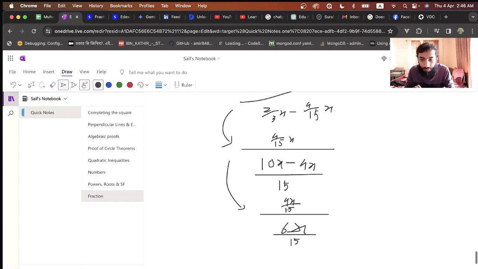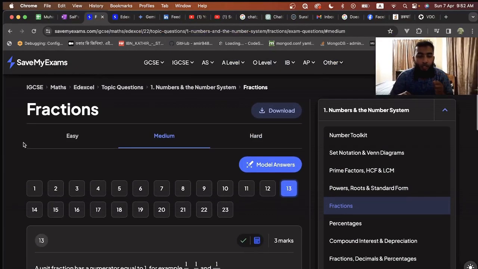Both have 15 as the denominator, so we can cut the 15. So we get 4x by 6x. We can cut off the x part, and 2 2s are 4 and 2 3s are 6. So we get 2 by 3.